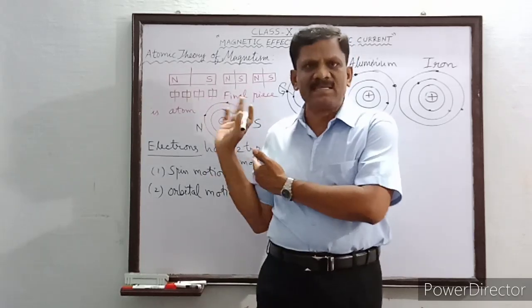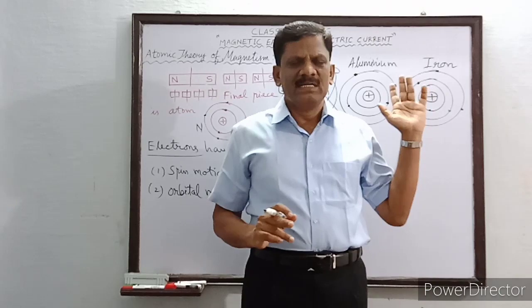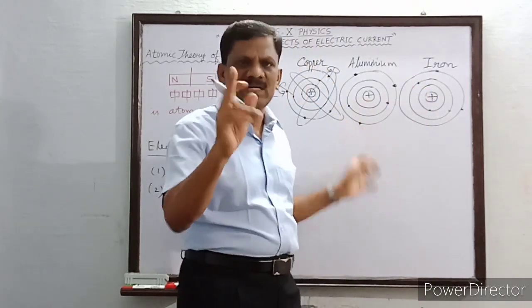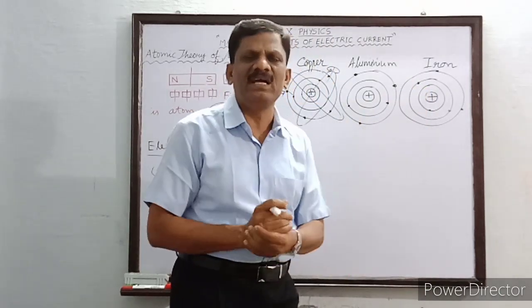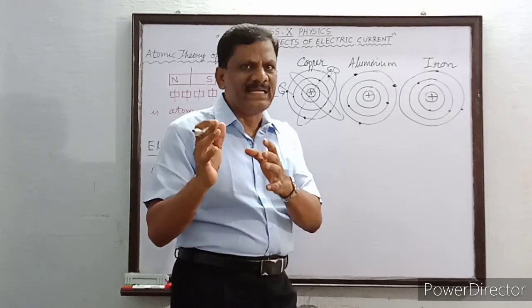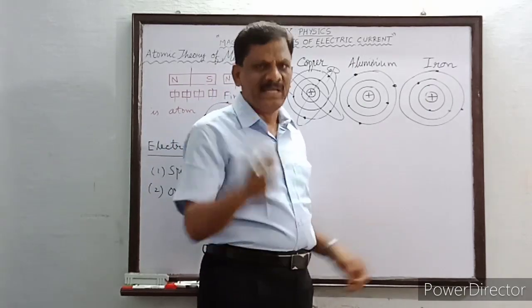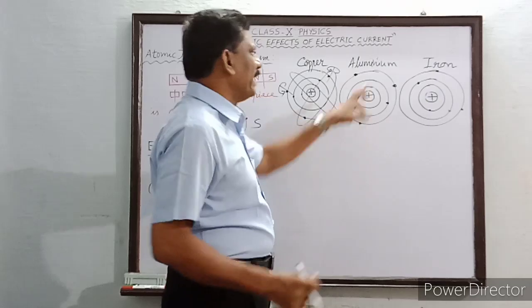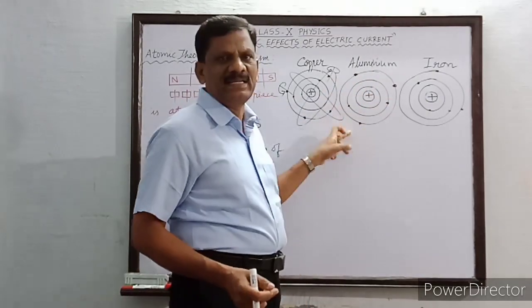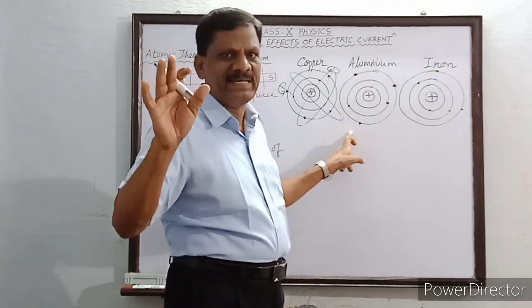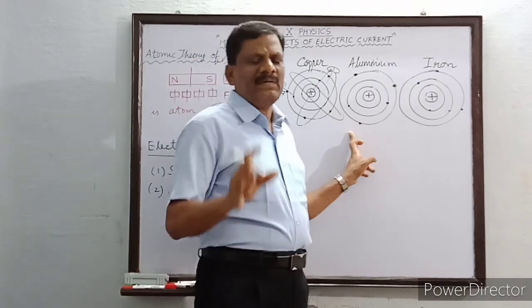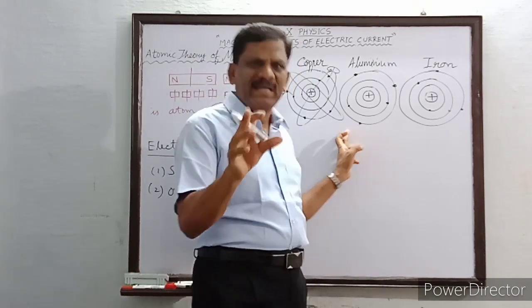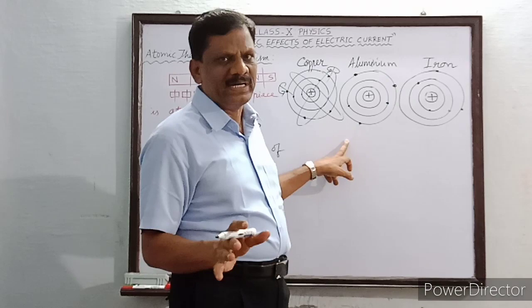That is happening in the case of a copper atom. Whereas in aluminium atom, each and every electron will possess some magnetic strength, that is called magnetic moment. If you add all the magnetic moments of the electrons present in the entire atom, it will not cancel entirely, but a minimum magnetic moment will still remain. That is called non-zero magnetic moment.